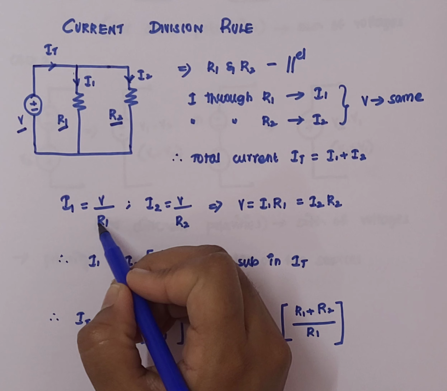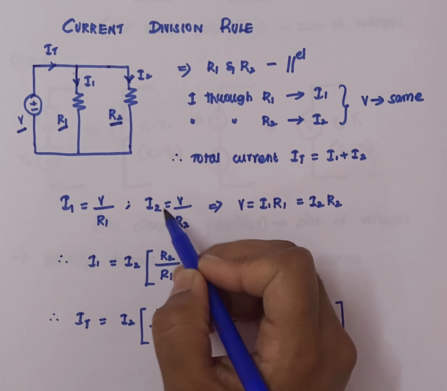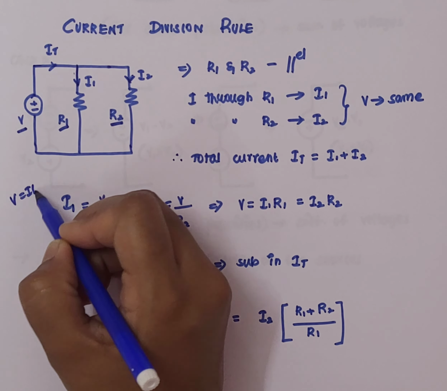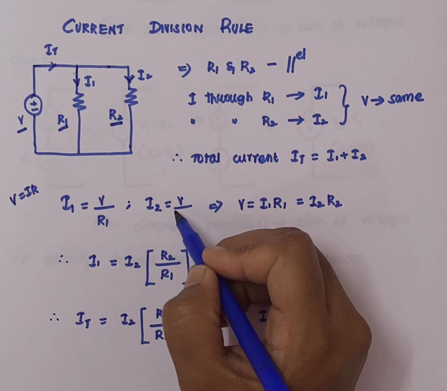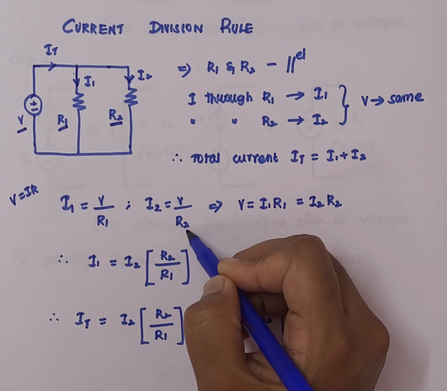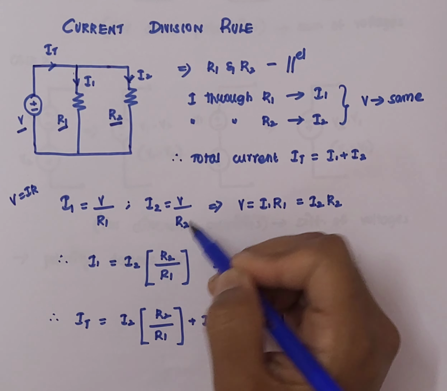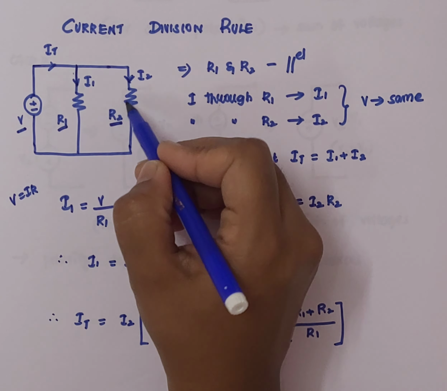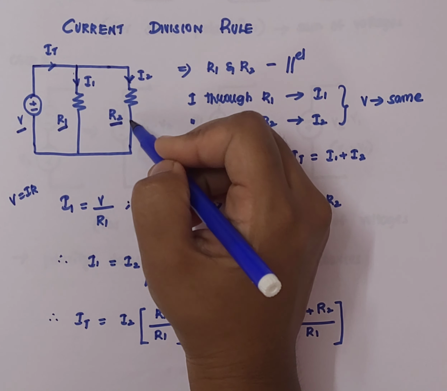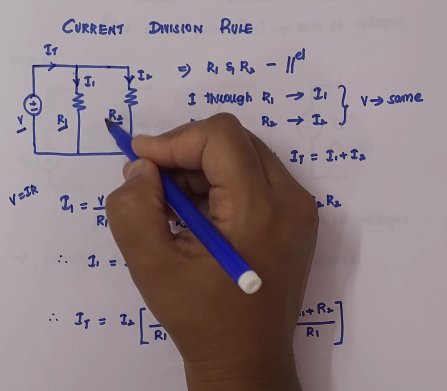Now we will calculate the values of I1 and I2 separately. I1 is V by R1, from the V is equal to IR equation. Similarly, I2 is equal to V divided by the corresponding resistance, which is R2. For I2, the voltage is the same, and the resistance value for this particular branch will be R2.